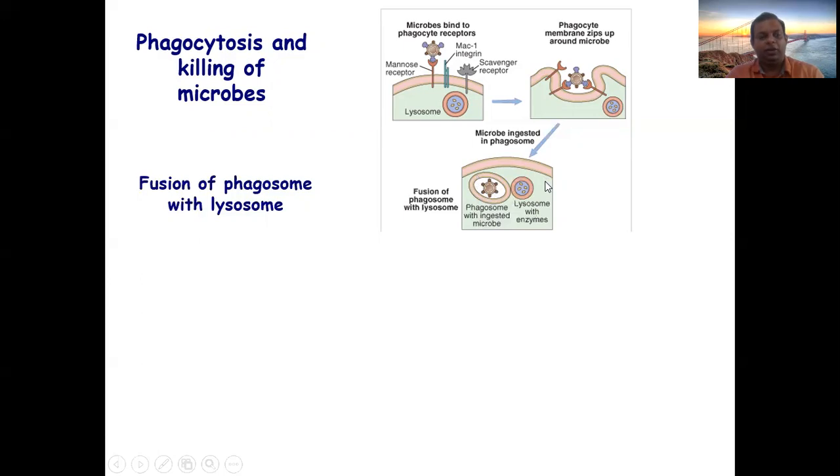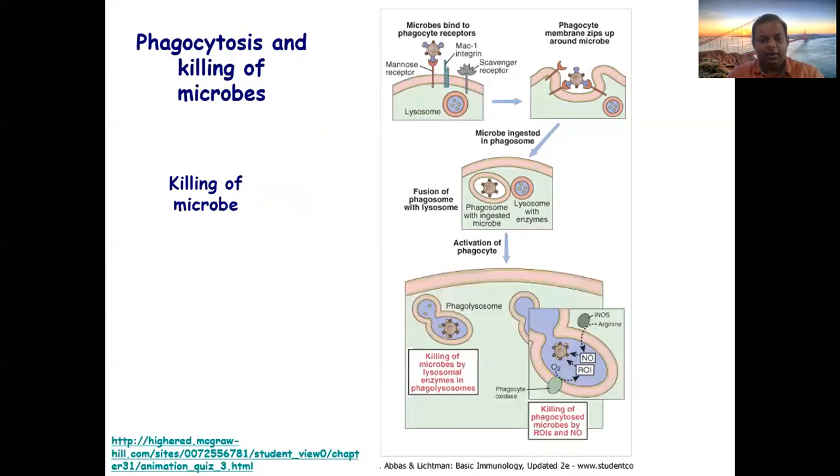Then phagolysosomal fusion happens, and ultimately phagocyte activation by secretory cytokines and the action of reactive oxygen free radicals and nitric oxide kill these pathogens, and they are excreted out.